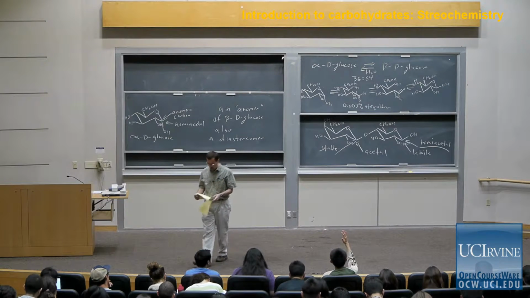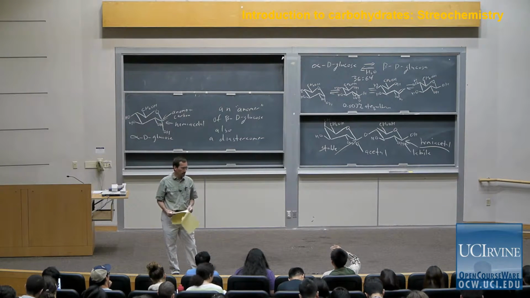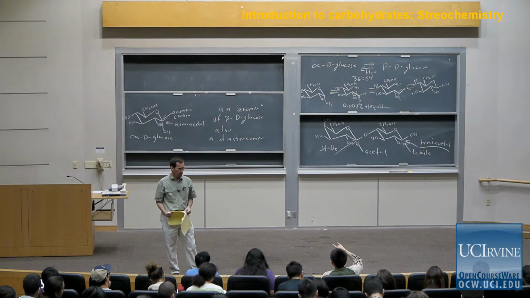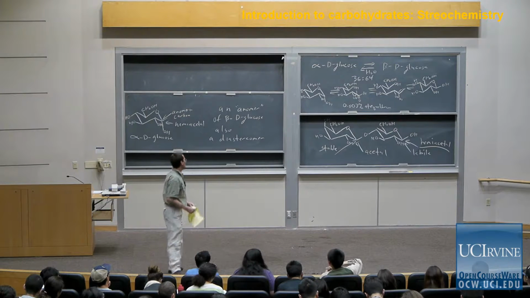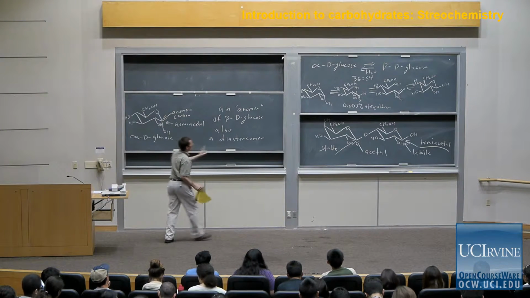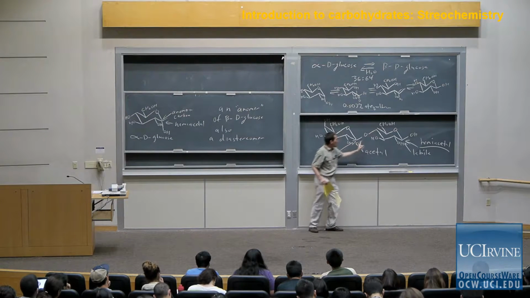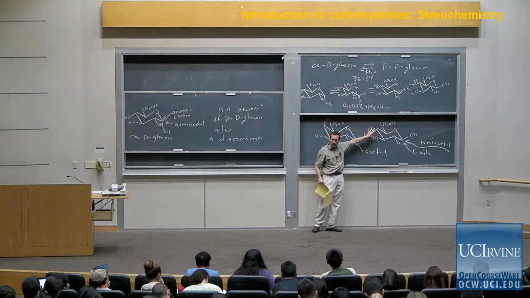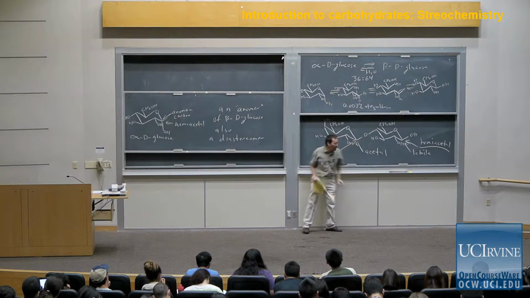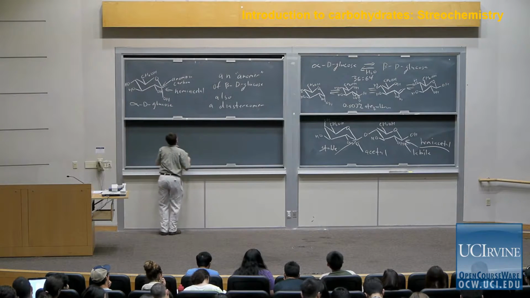Other good questions? Can a galactose have a carbon 1 stereo shift? And if so, what will that molecule be called? Can galactose, so the galactose unit, this subunit here, at carbon 1, be free galactose? Absolutely. Okay, great. Another great question.